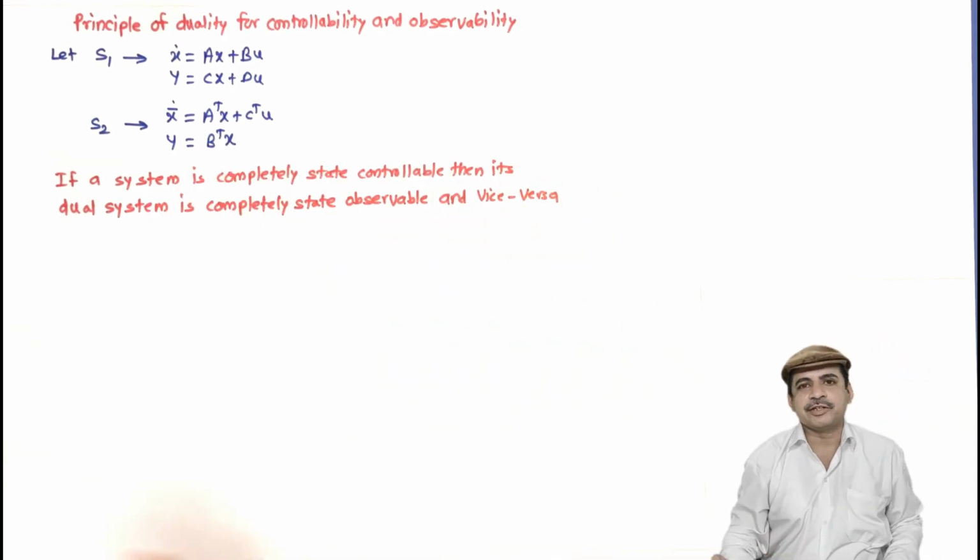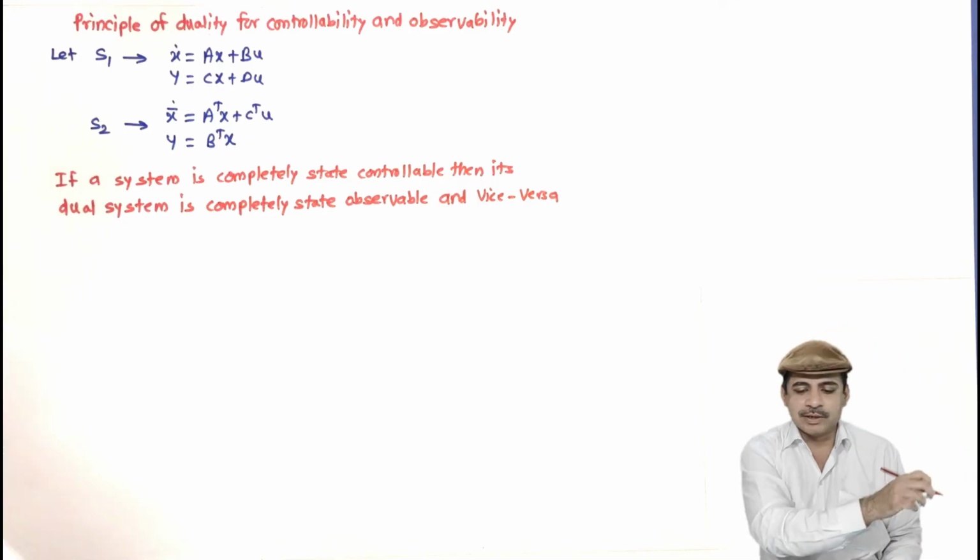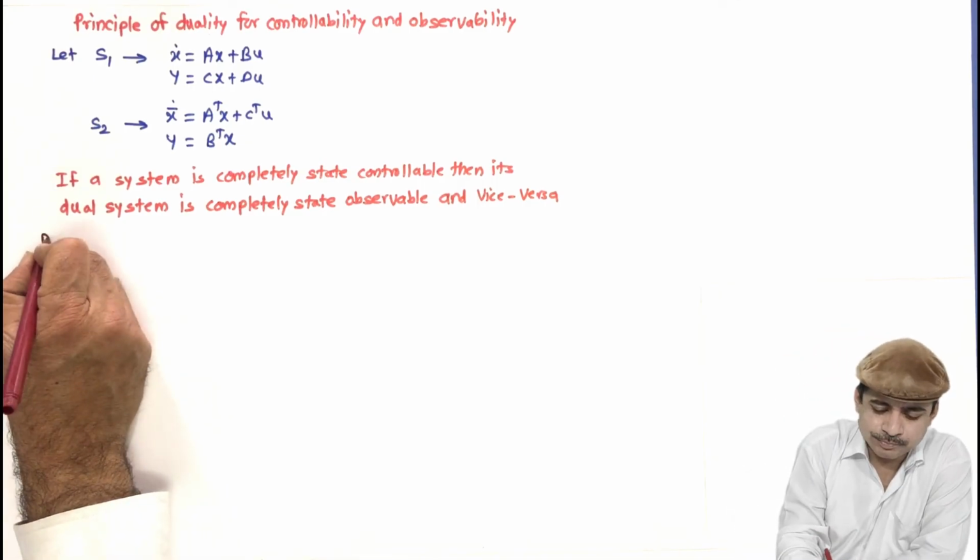Means if a system is completely state observable, its dual system will be completely state controllable. And let us see its proof.